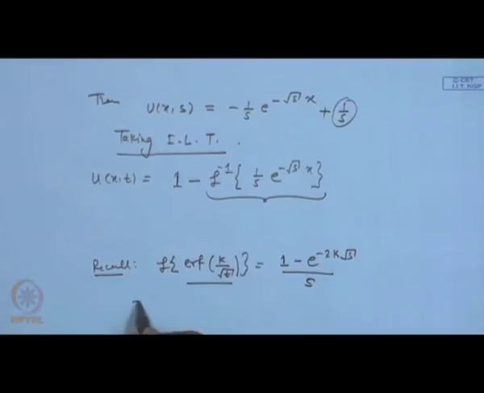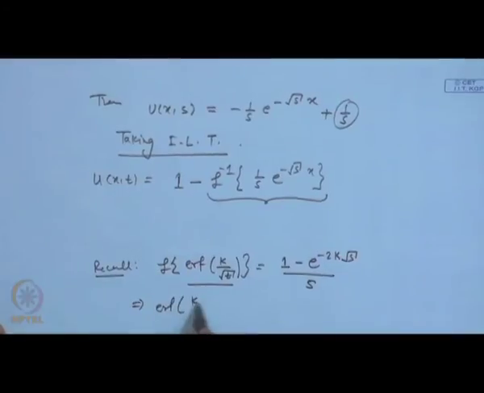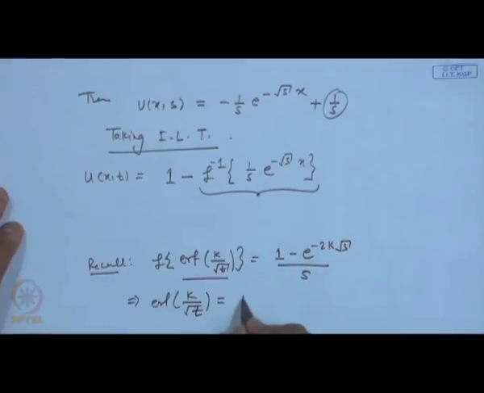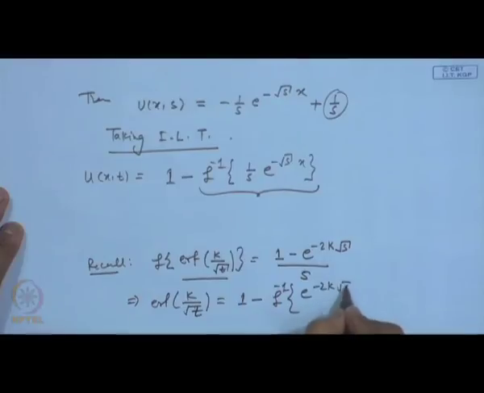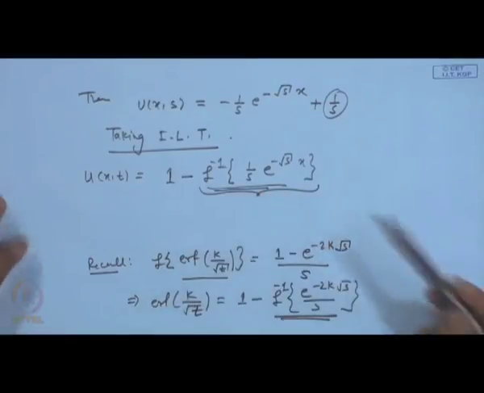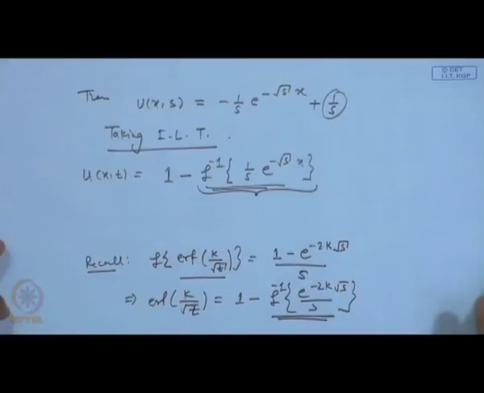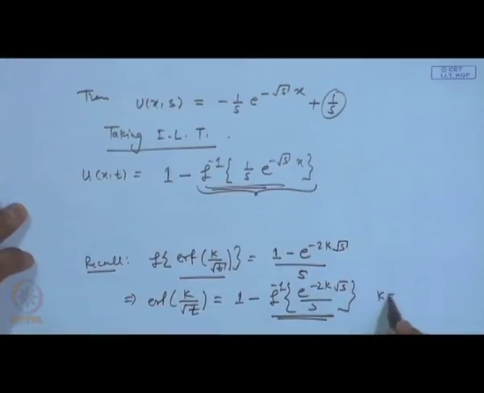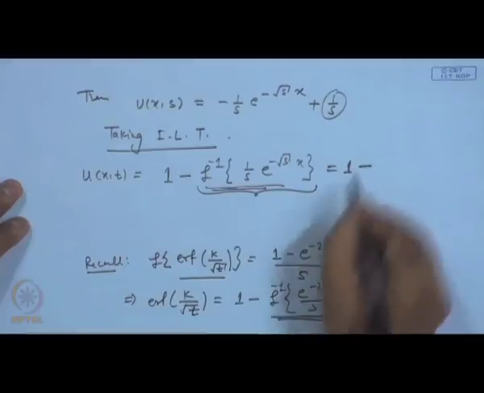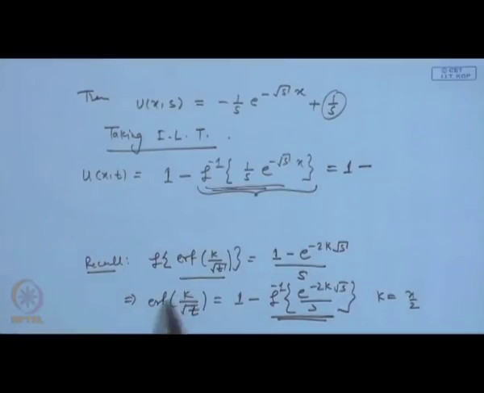So the error function of k over square root t is the inverse Laplace of this, that is 1 minus the inverse Laplace of e to the minus 2k square root s over s. This is exactly what we need here, the inverse Laplace of 1 over s times e to the minus square root s x. So in k we can substitute x by 2 to get exactly the result.